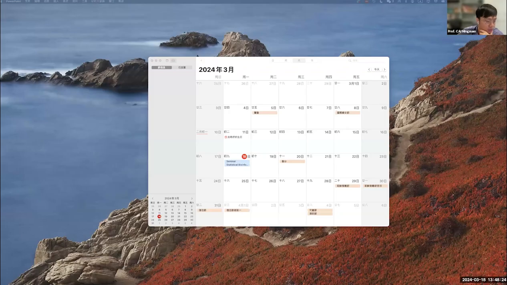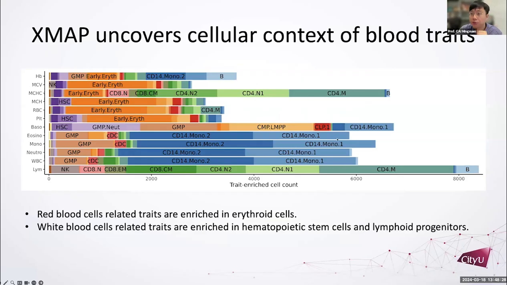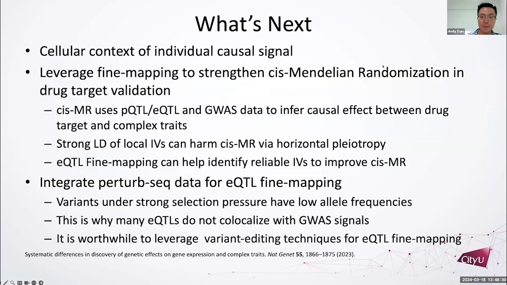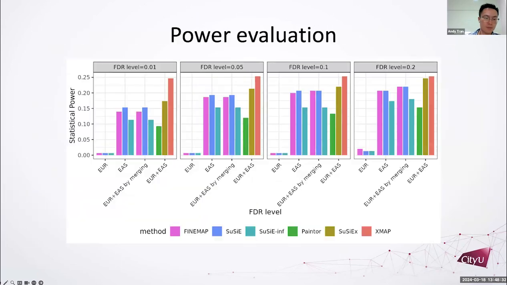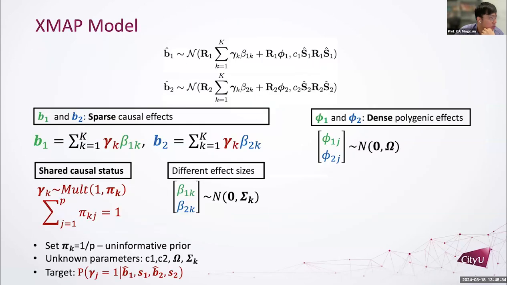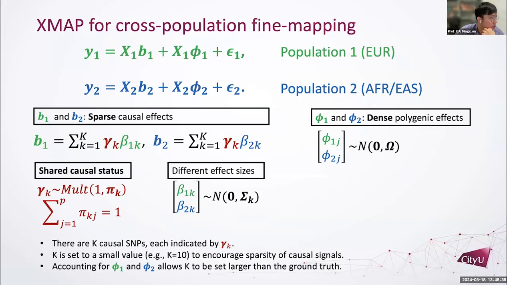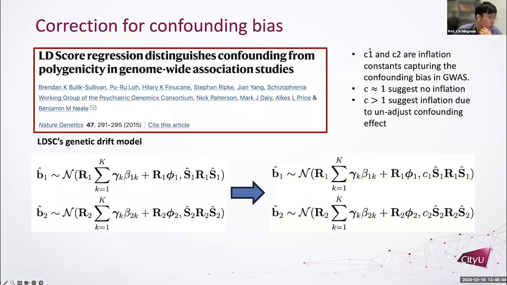Yeah, that's true. Could you see the screen? Yeah. Right. So basically, what we do here is that we need to know which data set is from which population, because when we deal with summary data, we need to match the correlation matrix with the GWAS summary statistics.